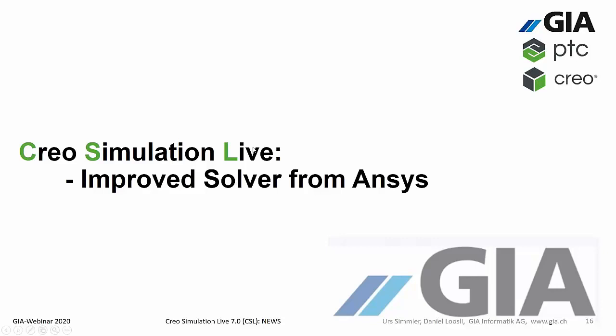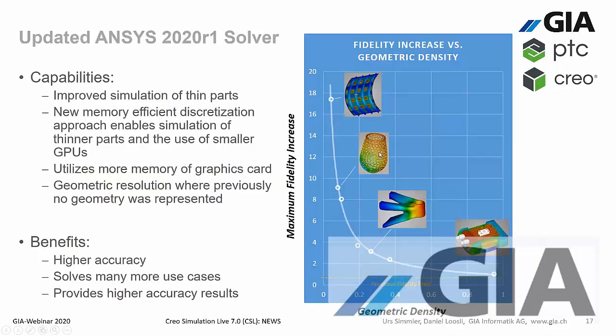Then there are also news from Ansys. I think everybody knows that Creo Simulation Live is an integrated Ansys product within Creo Parametric, and they also improved their solver. In the old solver, they just took the bounding box of the components and filled it with voxels, and then did the calculation.